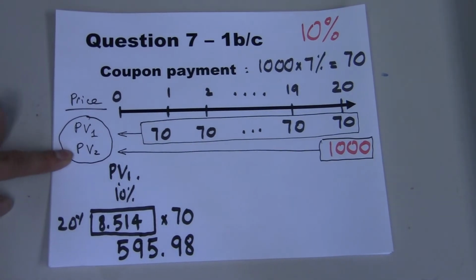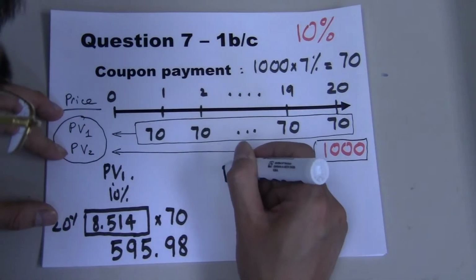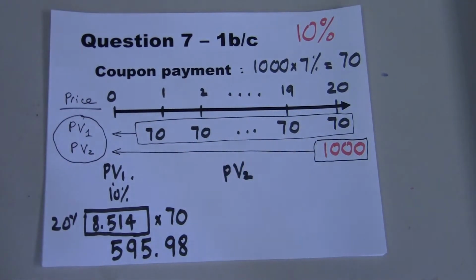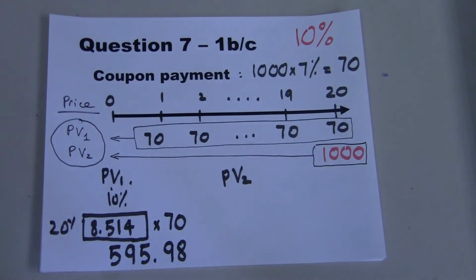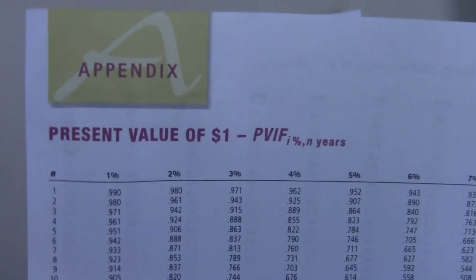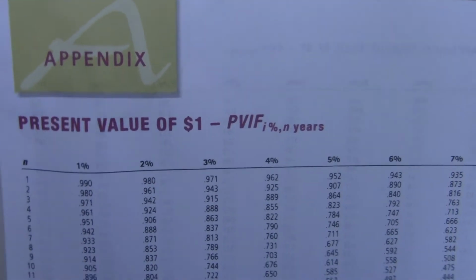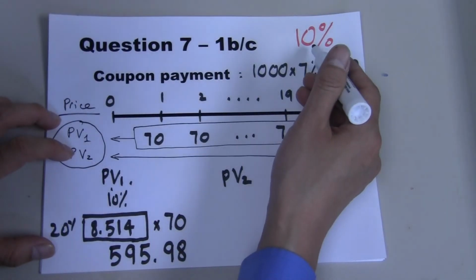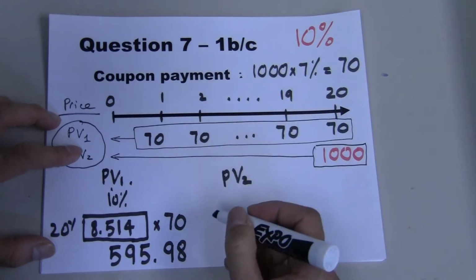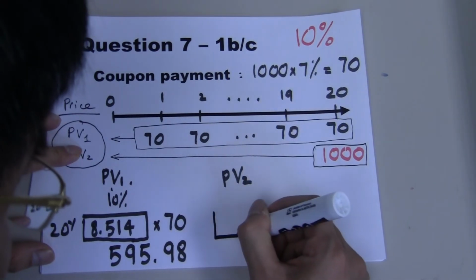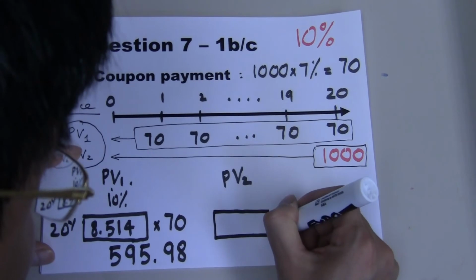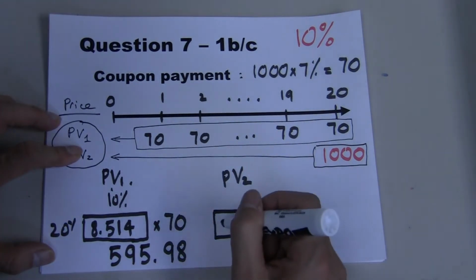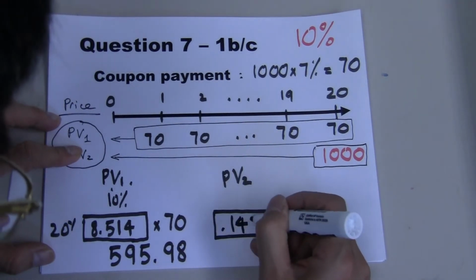Now the second part is PV2. It's even simpler, because we only have to calculate the present value of a single sum. Right here we move to the present value of $1 table, and again we look at the column 10% and the row 20 years, and you see that the value in that cell is 0.149.